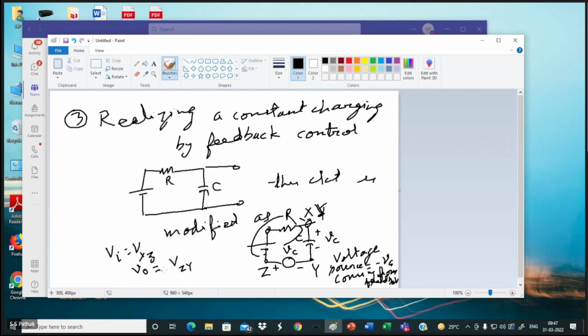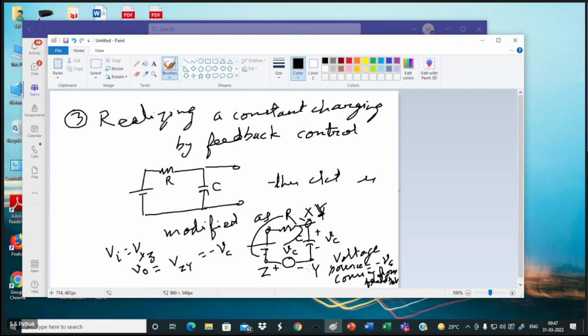V naught is nothing but minus VC. From here to here, the same thing in magnitude, it is minus VC, which is coming between X and Y. I am giving input here, taking the output here, where the feedback has also been connected in this manner. So across the feedback, I am taking the output now.